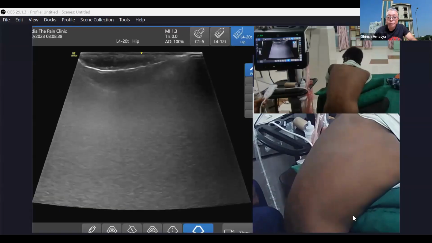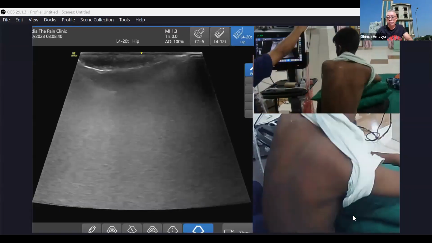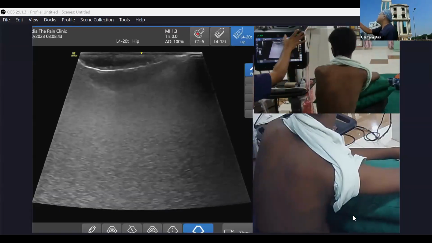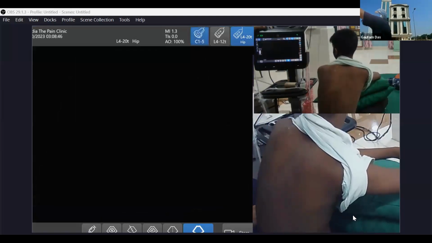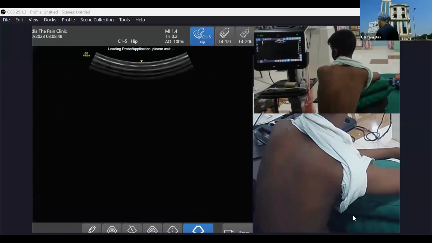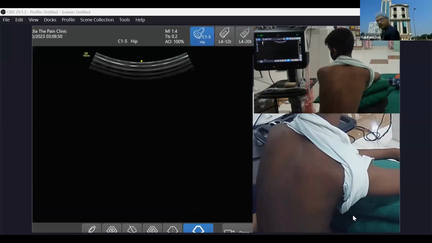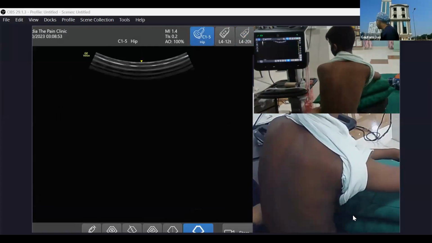Yes, sir. Now, again, I'll be taking the curvilinear probe. Now I'll be seeing the spine from the lateral view. I'll be holding the probe here. I have to focus.